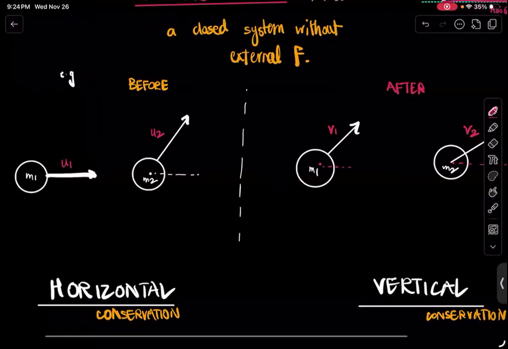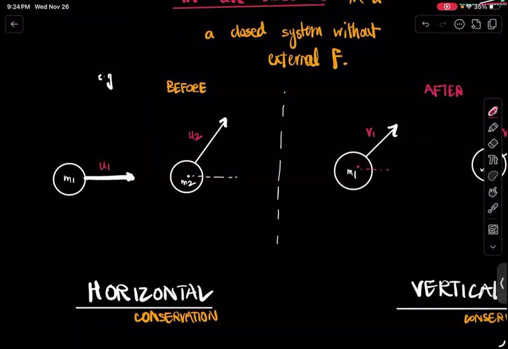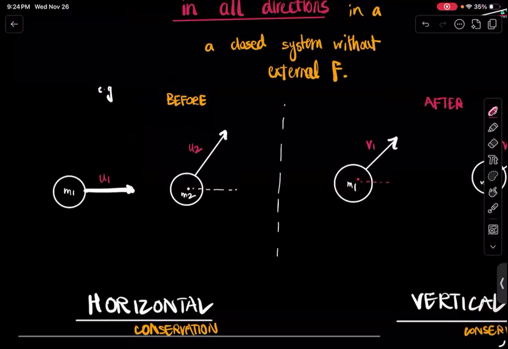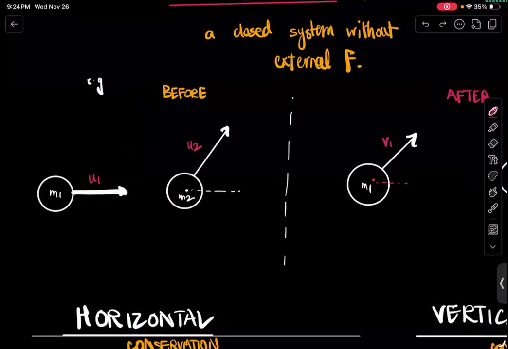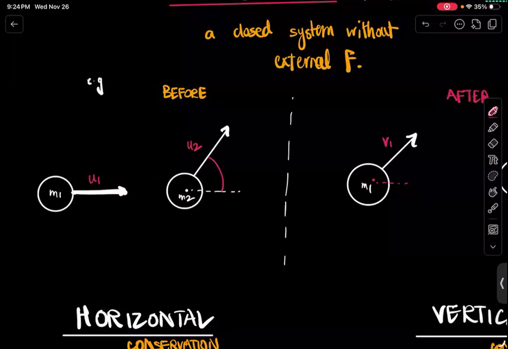Okay. So what is the total momentum before collision? How do we know that? Let's check. First of all, let's say that m1 has a velocity u1. Okay, now that is moving in a straight line, but m2 was moving at an angle. So let's say this had a velocity of u2 at an angle of alpha.